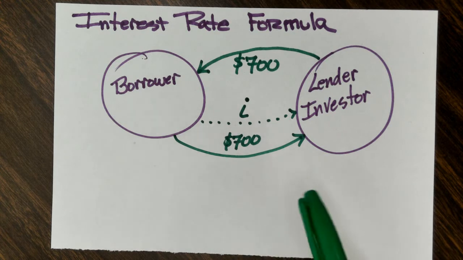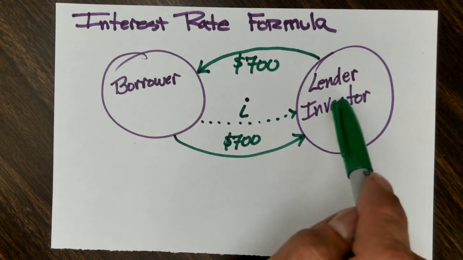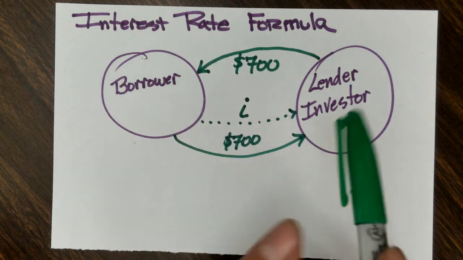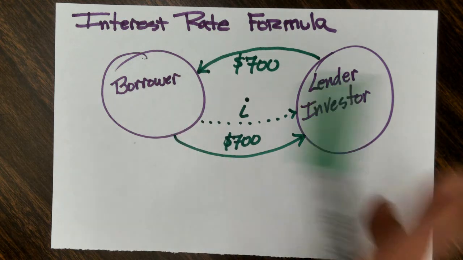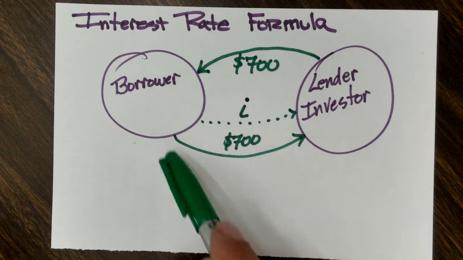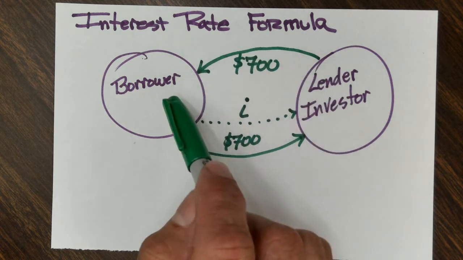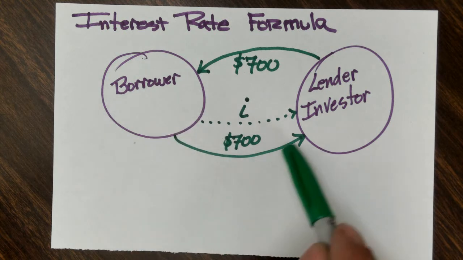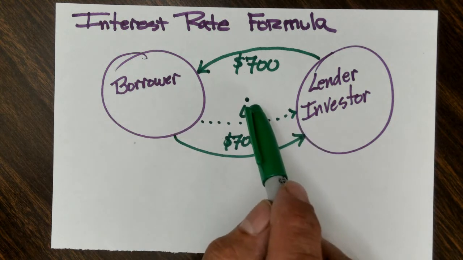The issues that arise here is the lender will give the money to the borrower, who will pay it back, but when will they pay it back and how much are they going to pay back? Are they going to borrow $700, keep it for 100 years, pay back $7 a year and no interest?